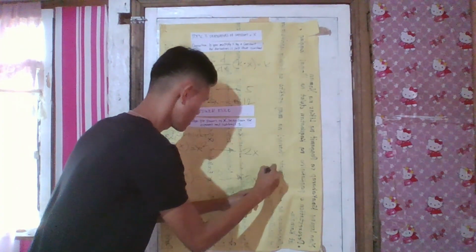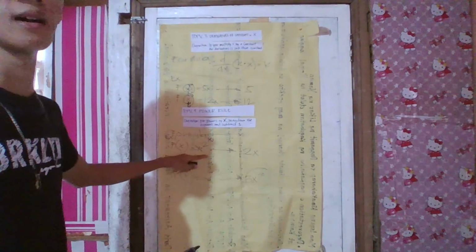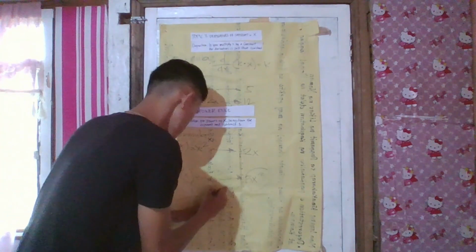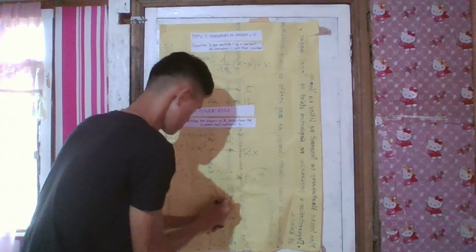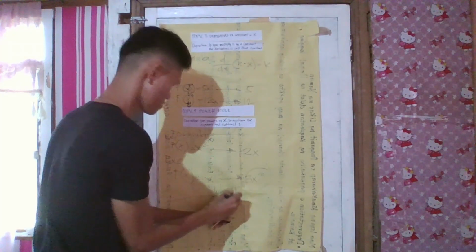Why 3x squared? Because the exponent is n, and n is 3.